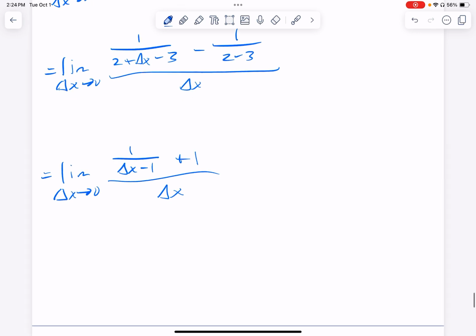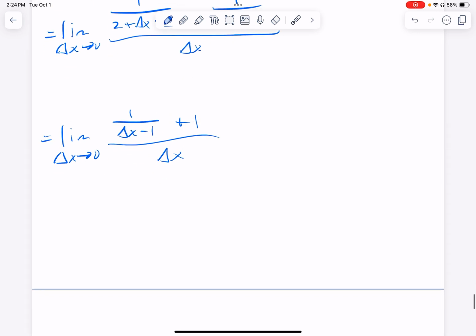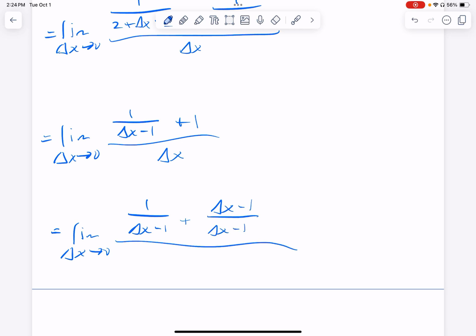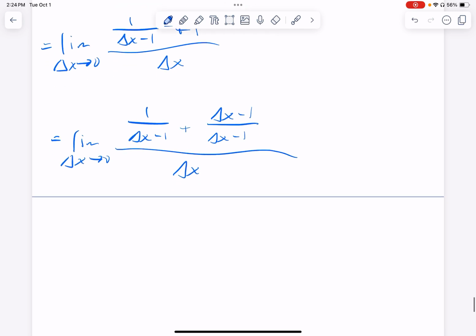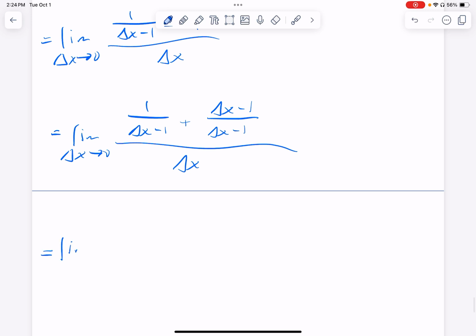So here's what we're going to do. First, I am going to simplify the numerator by creating a common denominator. Still writing everything at every step, even though I'm just working on the numerator right now. So because these have a common denominator, I can add them together, and I will get 1 plus delta x minus 1.